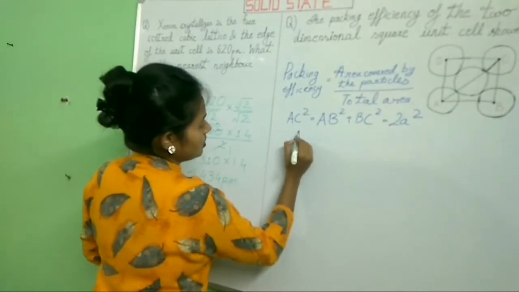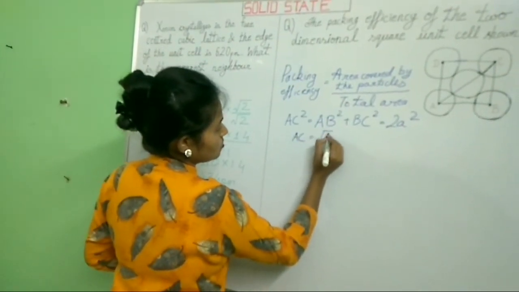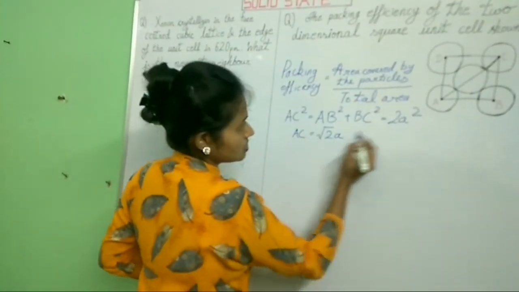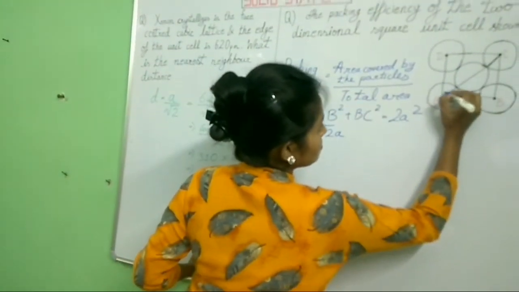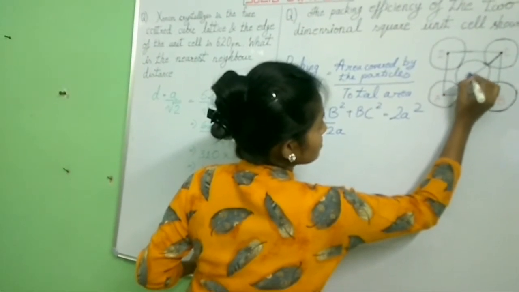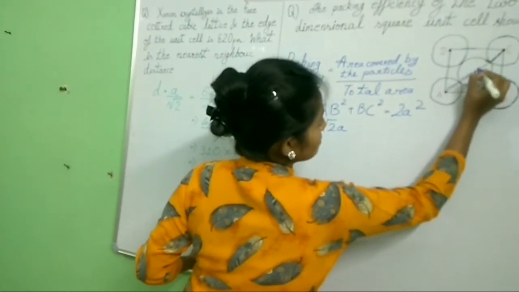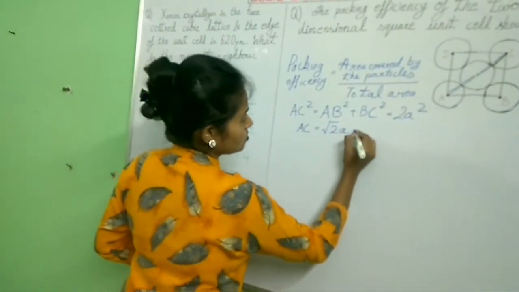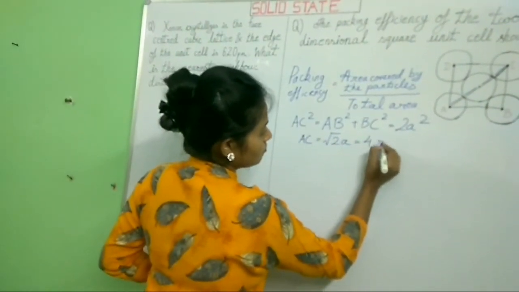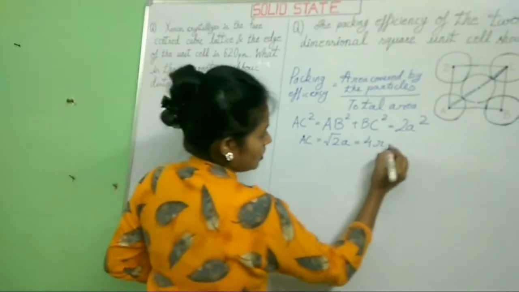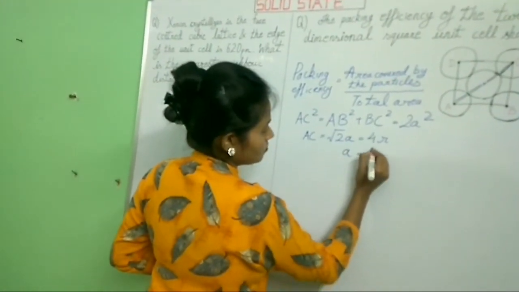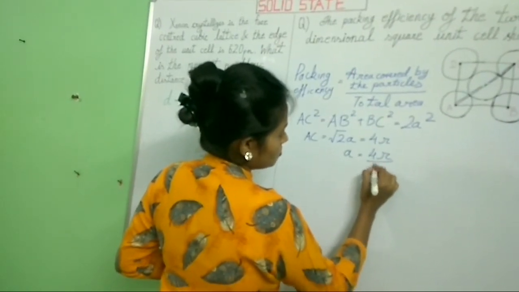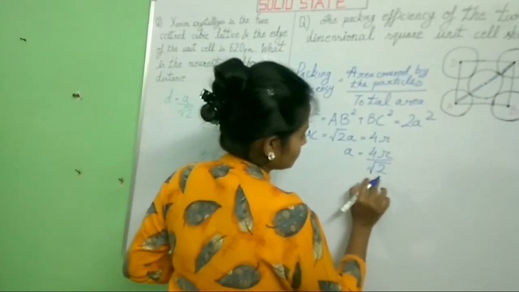So, AC will be root 2 A. Or we can also write it as AC is equal to, this is 1R, this is the center, this is 2R, this is 3R and this is 4R. So, root 2 A is also equal to 4R.